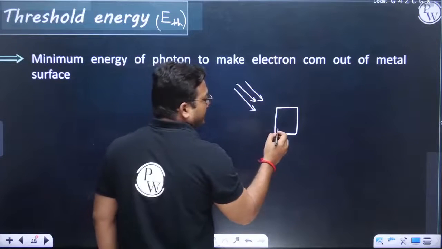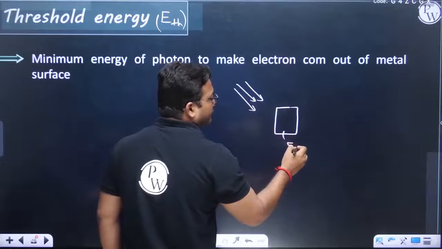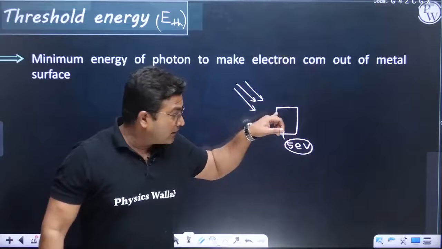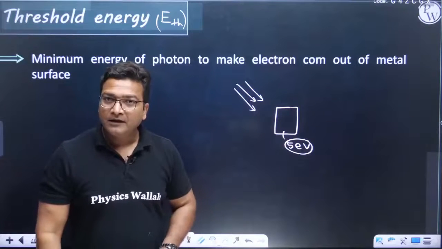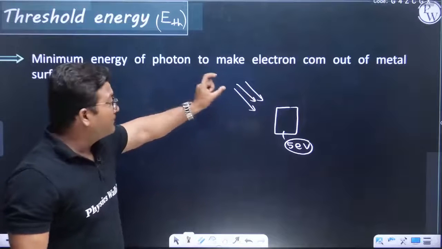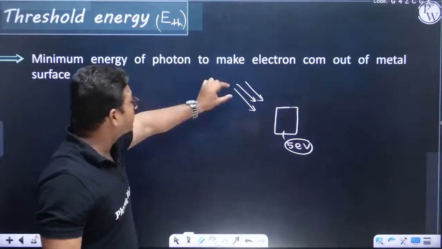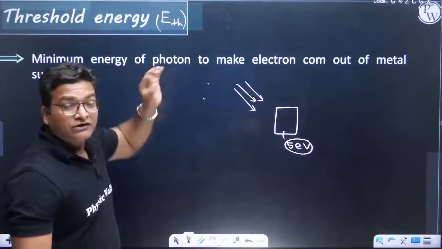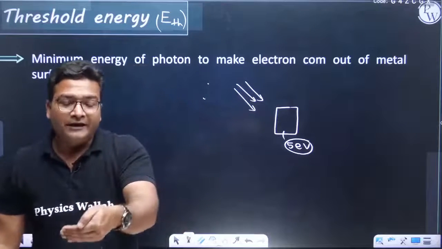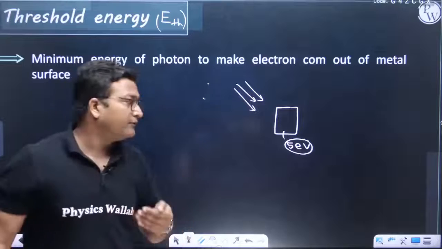If say 5 electron volt is the work function of this metal, then obviously the minimum energy of photons, the threshold energy for photons, should be at least 5 electron volt, then only they can make some electron come out of this metal surface.